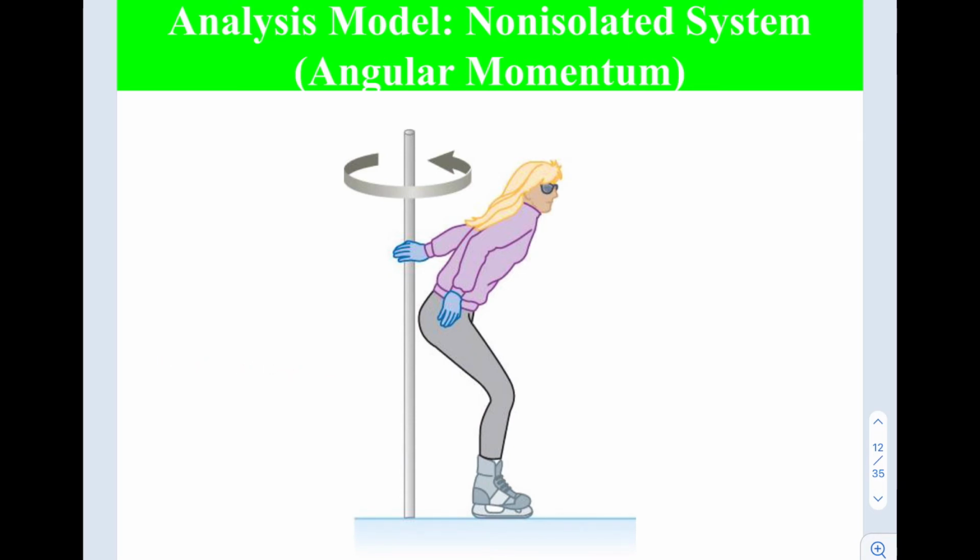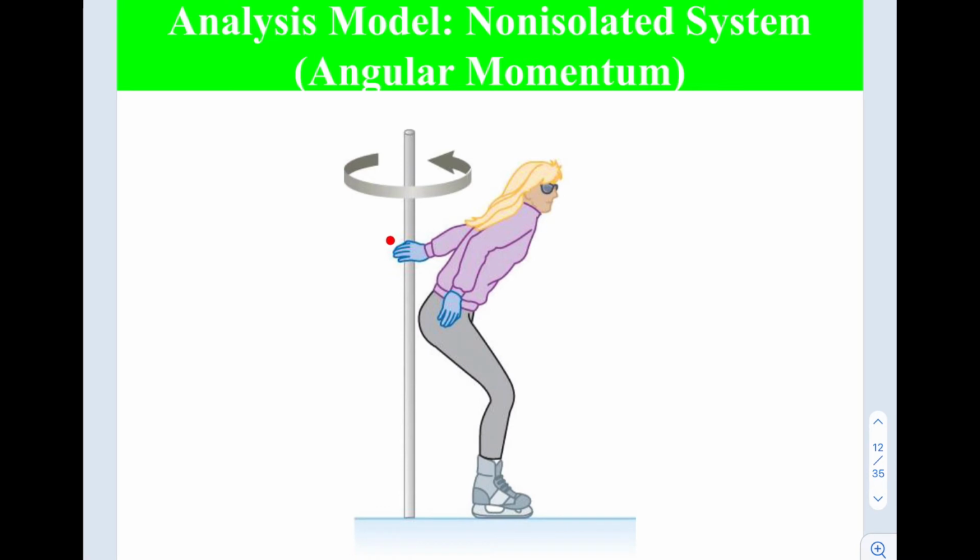From the left of this figure, a skater glides rapidly along a straight line towards the pole, aiming a little to the side so that she does not hit the pole. As she passes the pole, she reaches out to her side and grabs it. This causes her to move in a circular path around the pole, right?